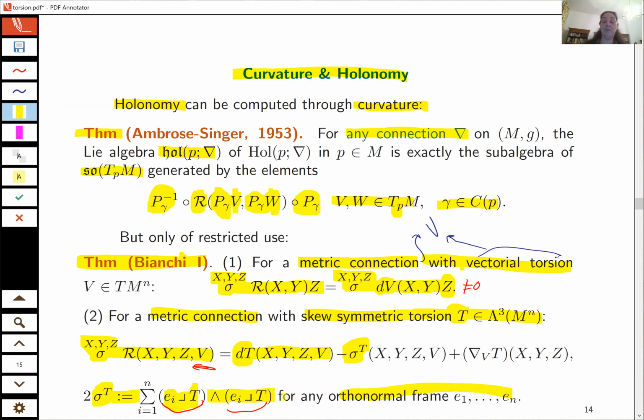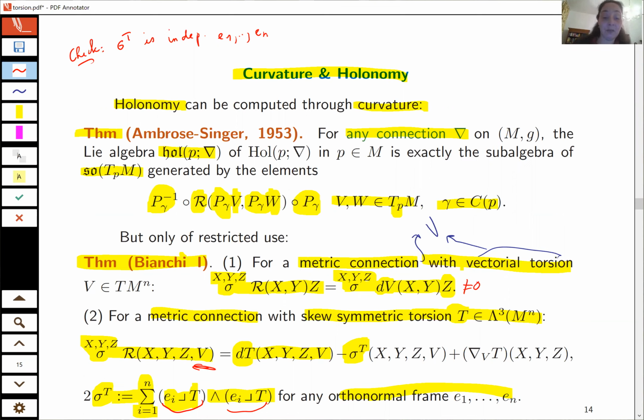All in all, I get a four-form, and I sum over my orthonormal frame. And the first thing to check is that this sigma T is independent of the choice of orthonormal frame. There is, in fact, a second definition, which is not so easy to grasp immediately, which does not use an orthonormal frame. But this is a very nice way.